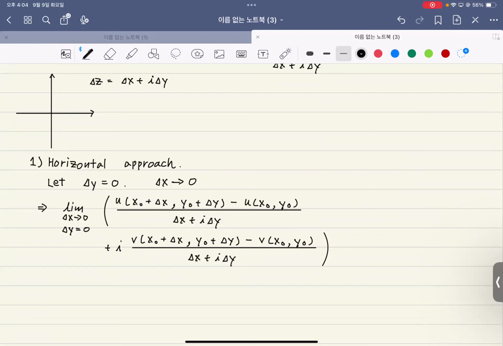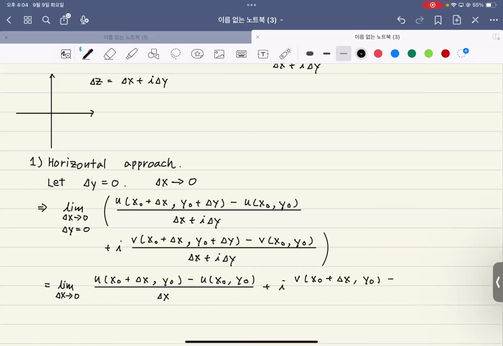So it is u of x0 plus delta of x and y0, minus u of x0 and y0, everything over delta of x, plus I times v of x0 plus delta of x and y0, minus v of x0 and y0, and everything over delta of x.